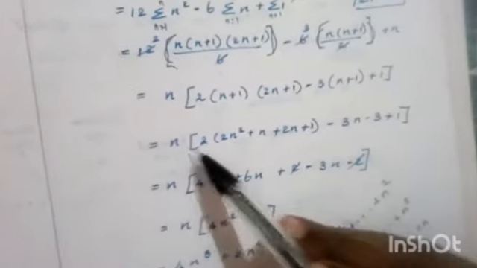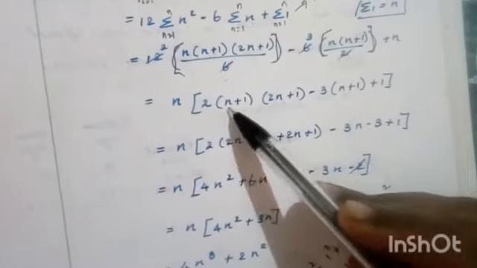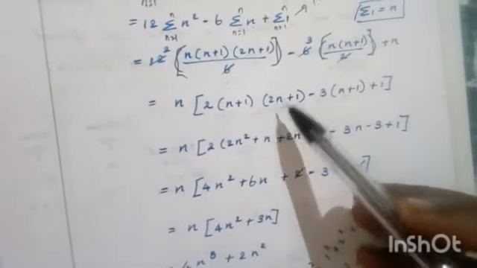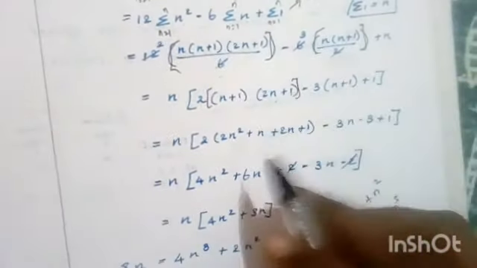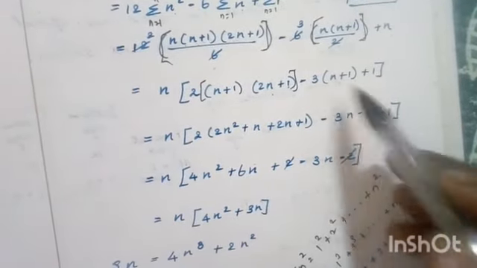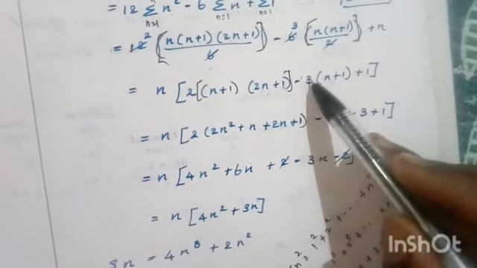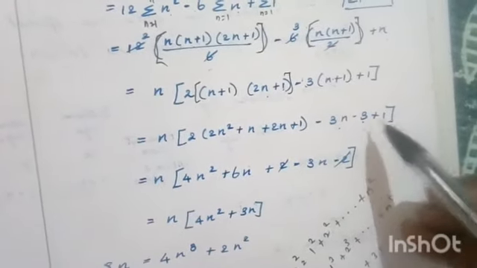Now you have to simplify n into 2 into, multiply these two, 2n square plus n plus 2n plus 1. Then minus 3 into n, minus 3n minus 3, plus 1.